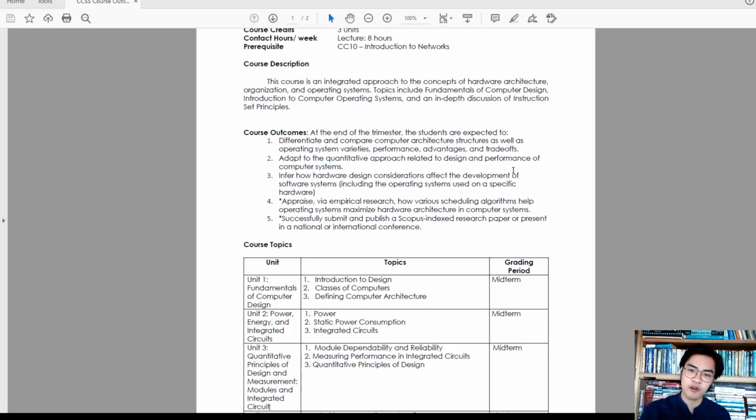Okay, so the 4th and 5th supposedly here is for you to conduct a research of how various scheduling algorithms help operating systems maximize hardware architecture. And you're supposed to present or submit these researches to a national or international conference, which is Scopus Index. But like I said, we're not going to do this anymore.